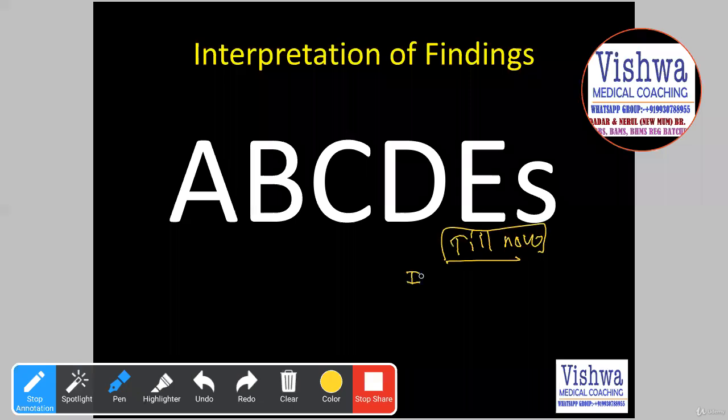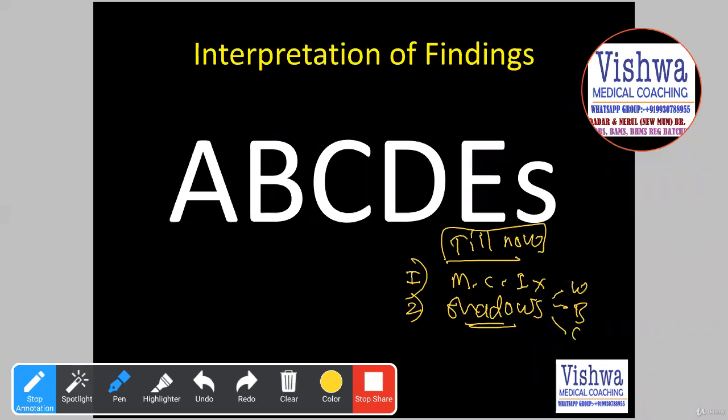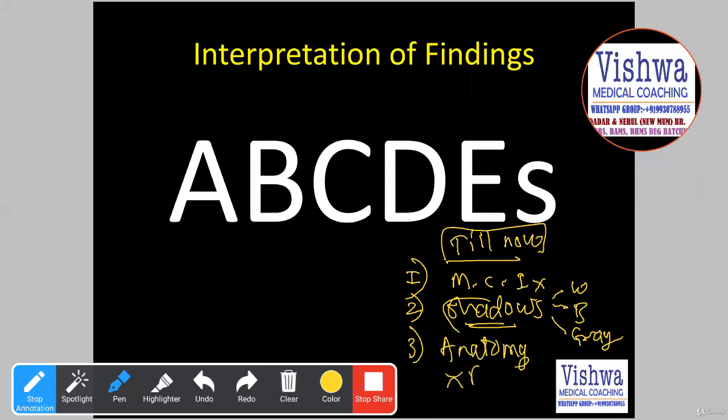The first point we have learned is the most common investigation we're going to learn in this. The second important thing is we have learned about the shadows, that means something which is white, something which is black, something which is gray, and all those different types of shadows. The third thing we learned is the normal anatomy of the X-ray.